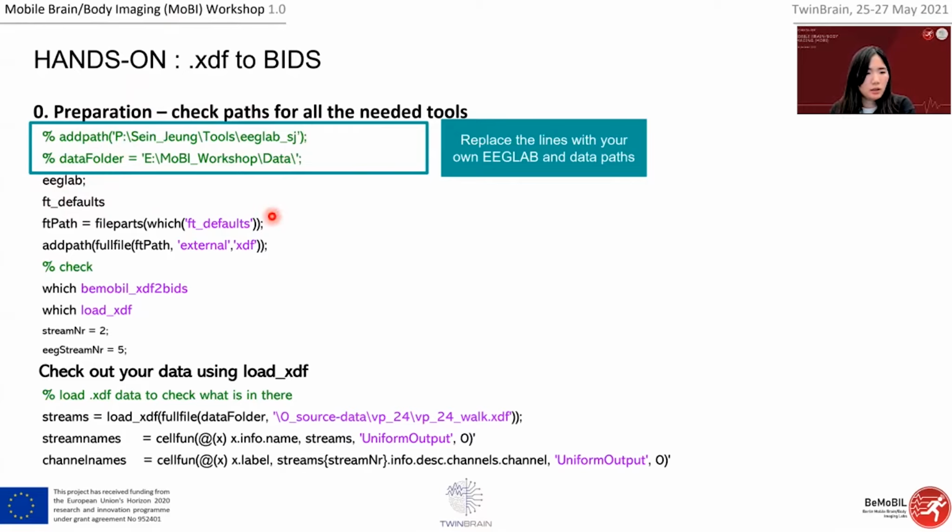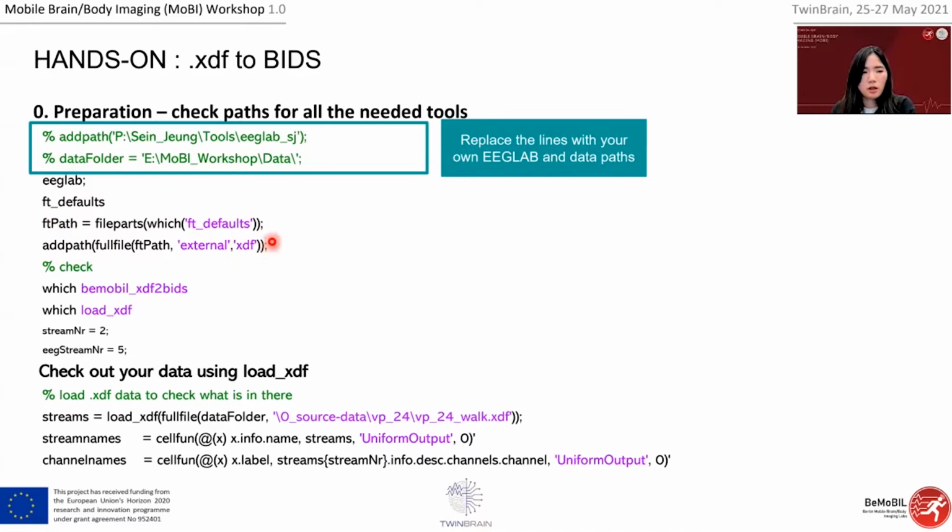These two lines here are just used for the workshop, so they're not part of the importing. I add the path to a specific function for loading the XDF data because although Lawrence already showed the data, we can now open the XDF file ourselves and check it out.